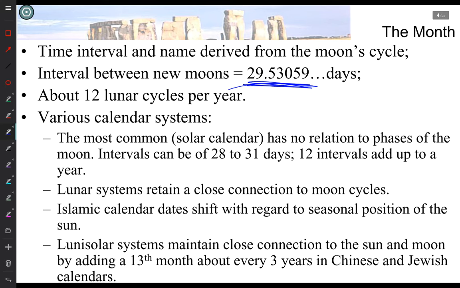But the Chinese New Year comes at the end of a moon cycle because their months are based on the moon. And every 3 years, you throw in an extra month to keep the calendar about right. And so the Chinese calendar shifts pretty dramatically compared to ours because they're essentially throwing in leap months. And the Jewish calendar is similar.